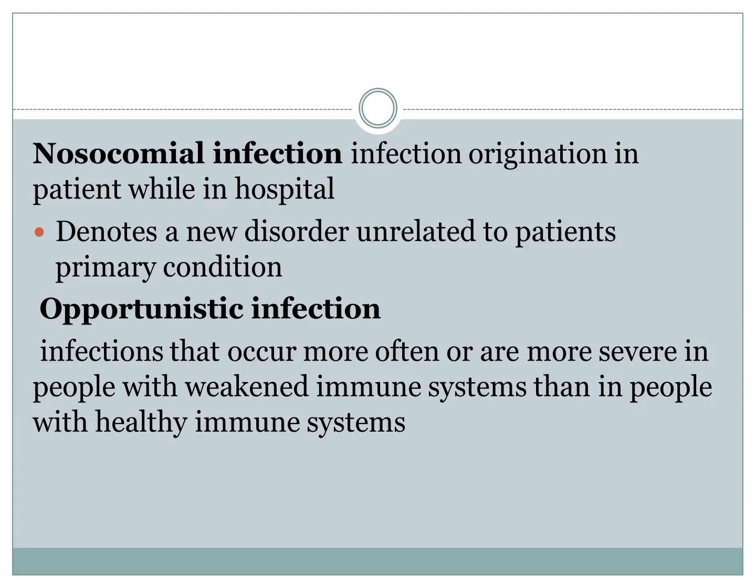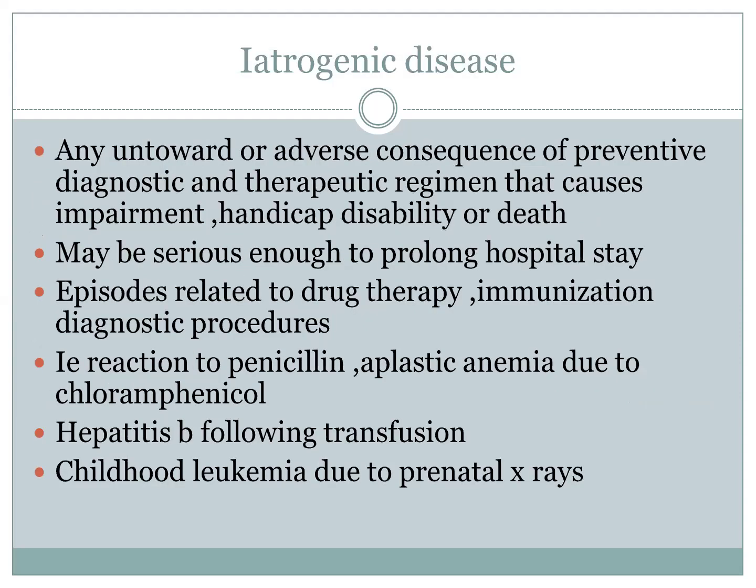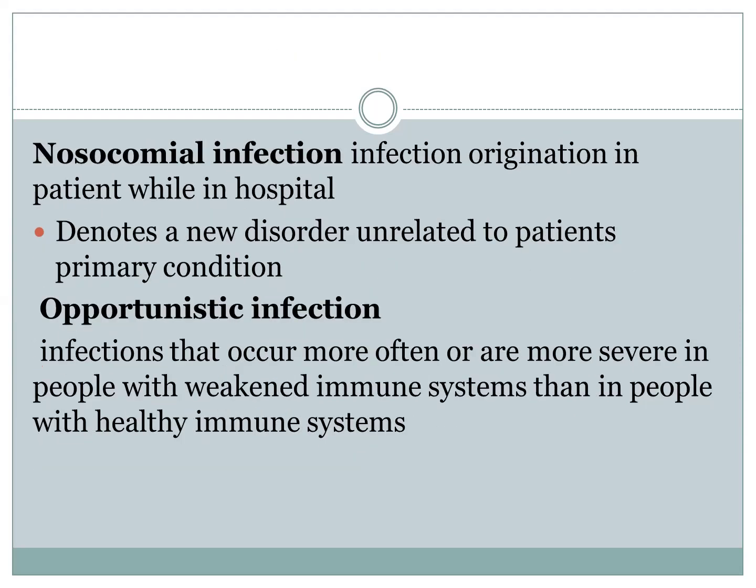So these diseases do not occur in normal patients, but in people with low immunity, they can affect. Another example of opportunistic infection would be mucormycosis, which is a fungal infection which develops in persons who have diabetic ketoacidosis, and this is a life-threatening infection, and it is responsible for high mortality in diabetic ketoacidosis patients.